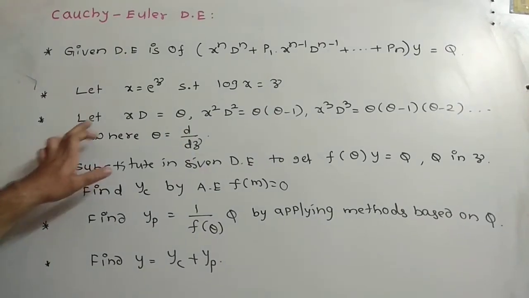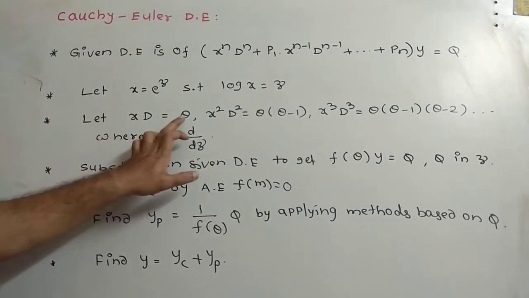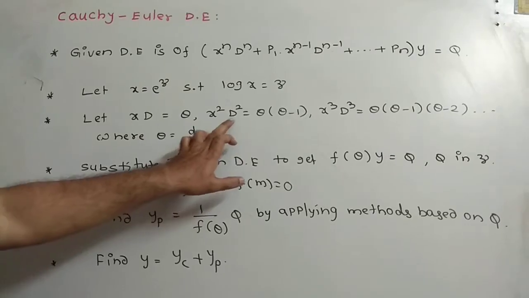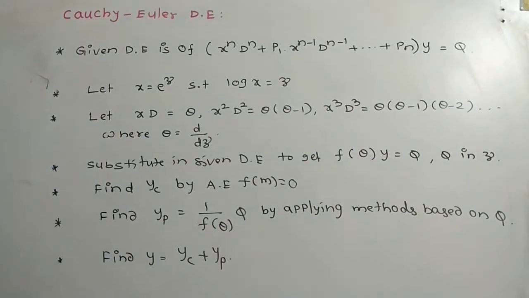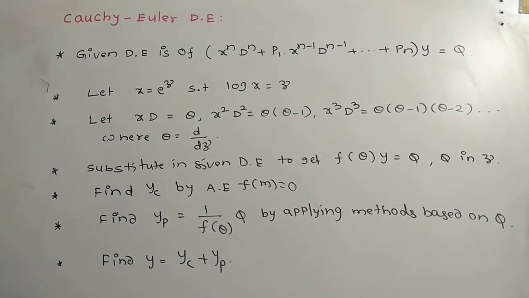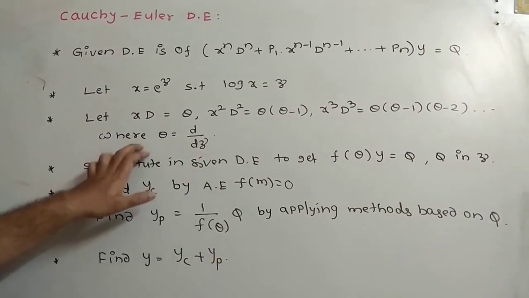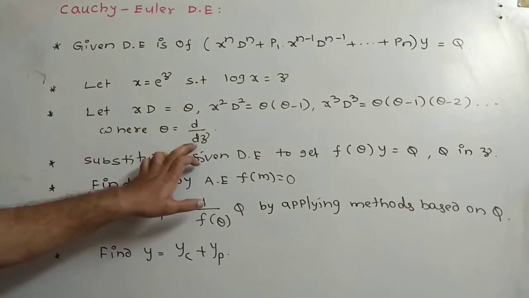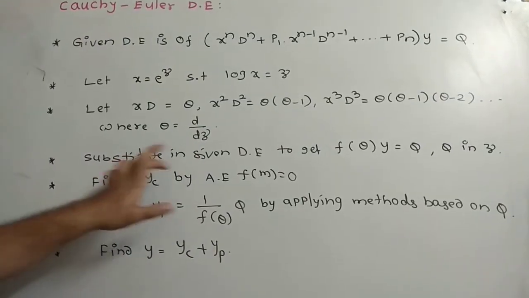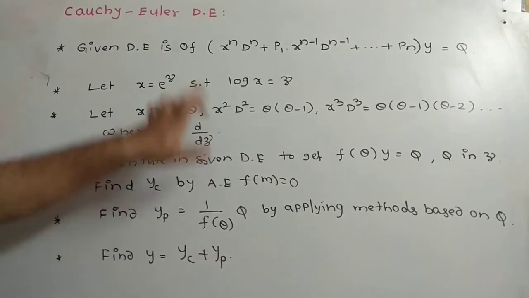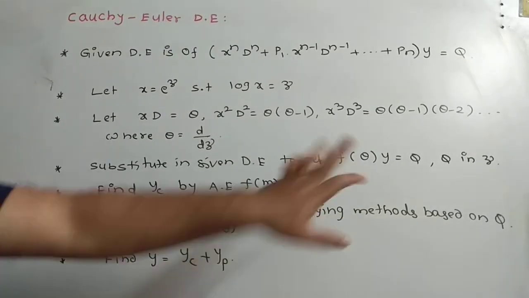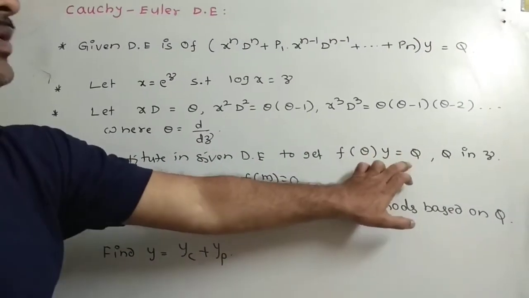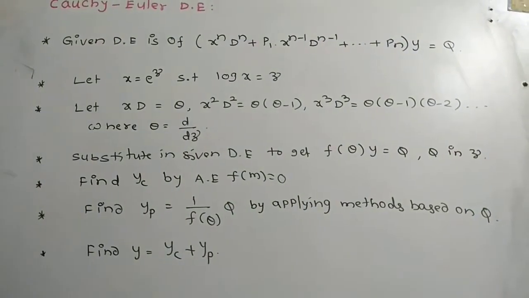Then you suppose x d equals theta, x square d square equals theta (theta minus 1), x cube d cube equals theta (theta minus 1)(theta minus 2) and so on, where theta stands for d by dz. Now you substitute these values in the given differential equation to get the form f of theta of y equal to q. Here q is in terms of the z variable.